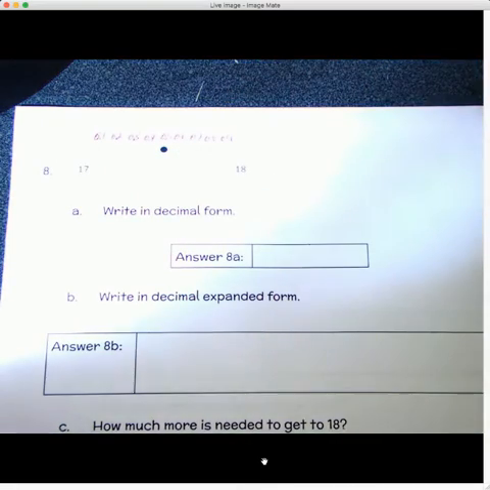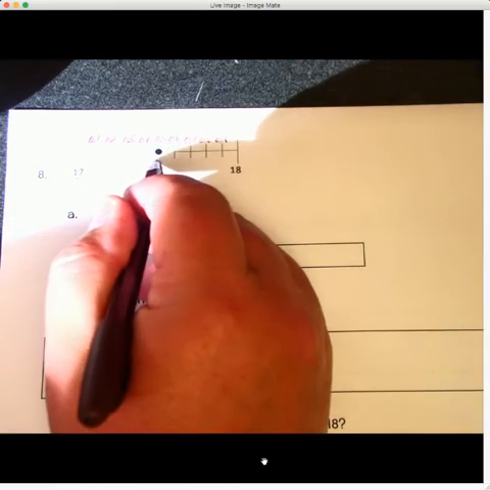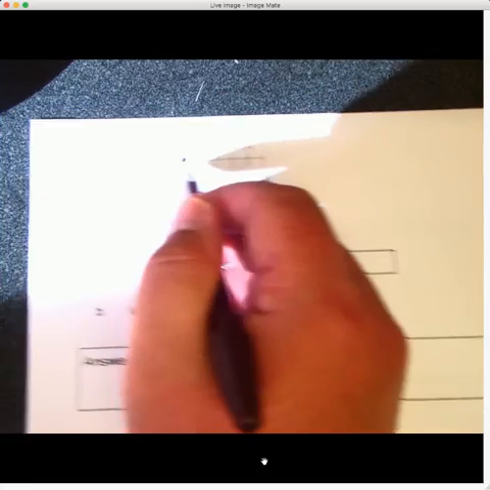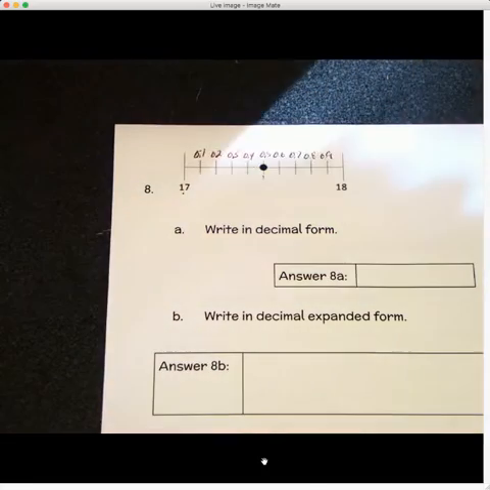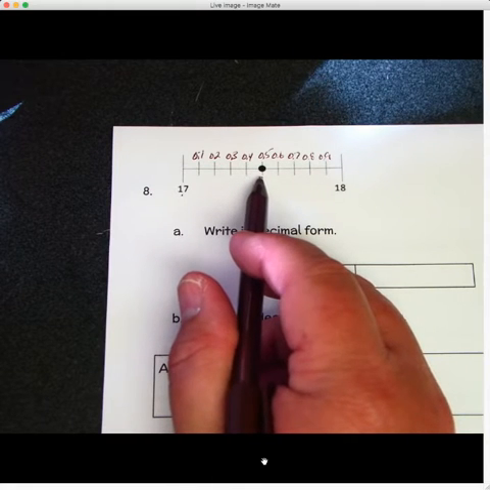All right, so we have 17 and 5/10, don't we? This shows, you can see it if I can block the sun. We have 17 and 5/10.